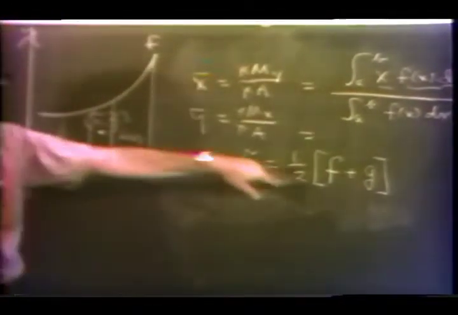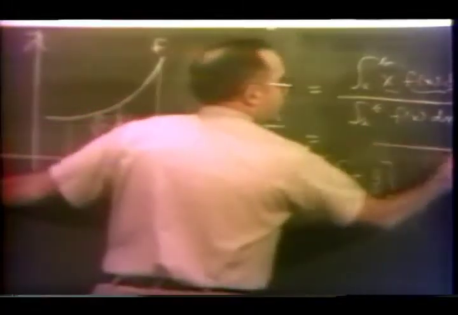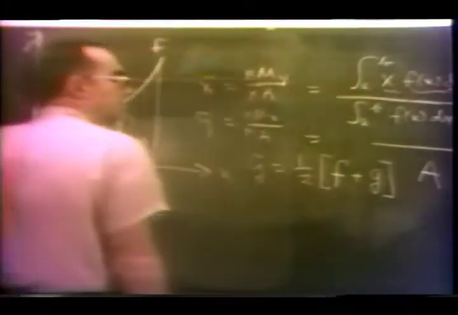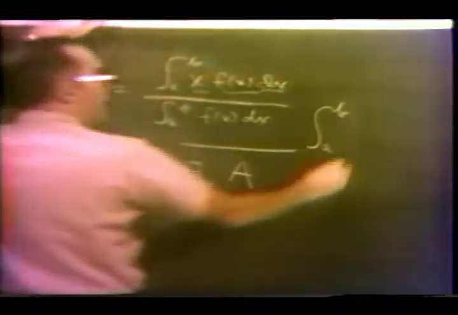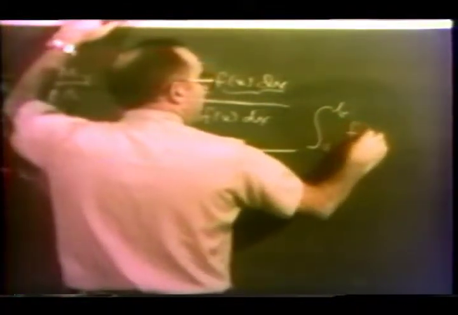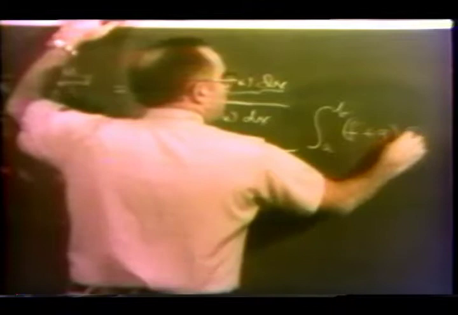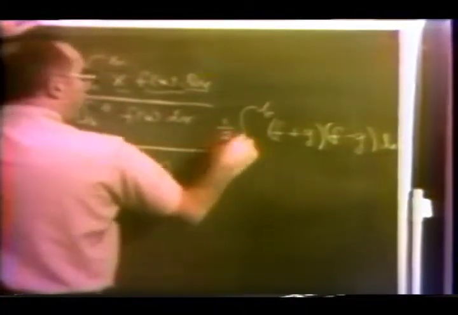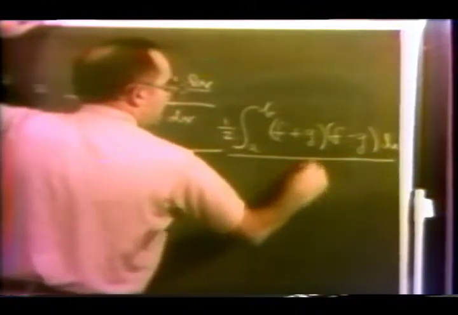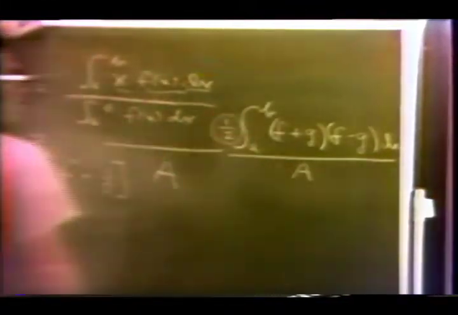This is what allows us, when we're looking at y bar, to keep this all in terms of x. We have that same area, but the integral in the numerator is still from a to b, and in general we have f plus g times f minus g dx, with the half out here. Last time this is the calculation that I missed.